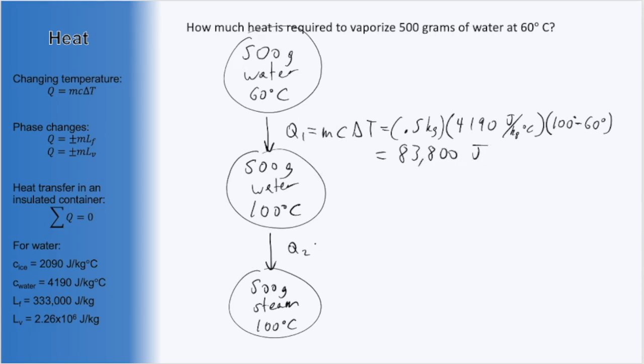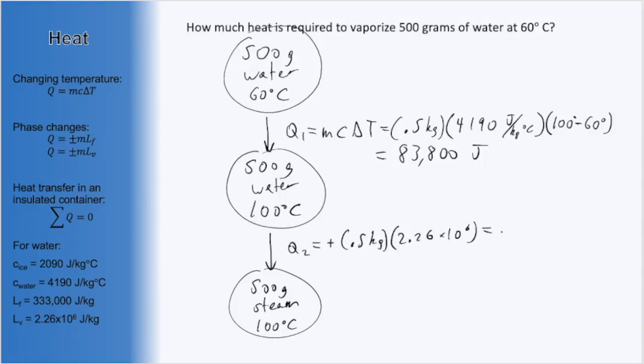Moving on to the second arrow where I have Q2 labeled. This is a phase change. Water is turning into steam. I'm undergoing vaporization, so this should be a positive heat that I need. The mass is still 0.5 kilograms. Multiplied by the latent heat, in this case I want to use the latent heat of vaporization for water, which is 2.26 times 10 to the 6 joules per kilogram.